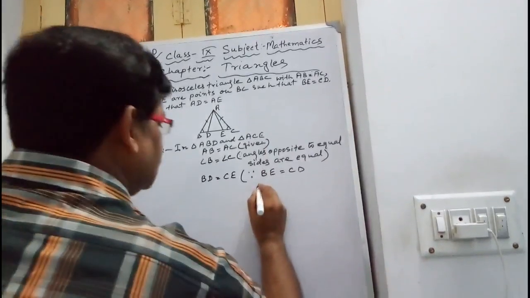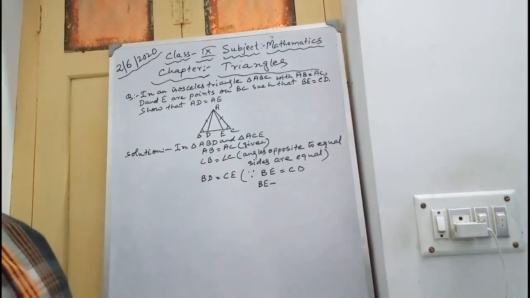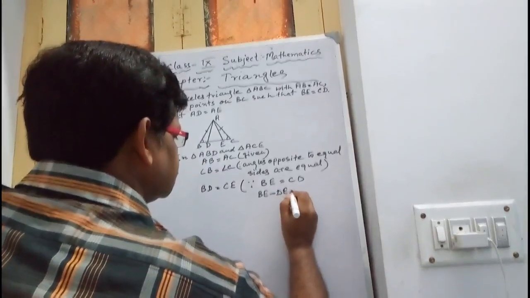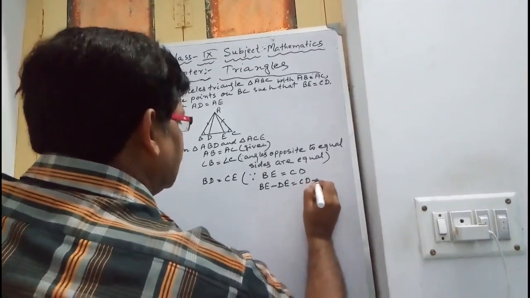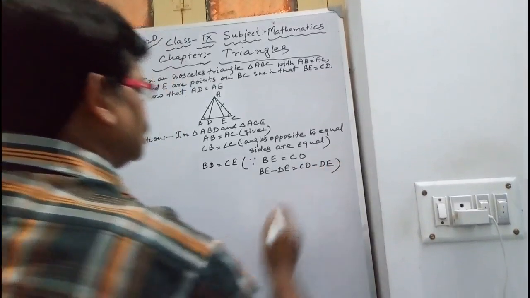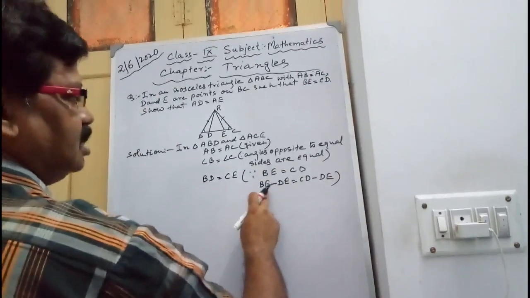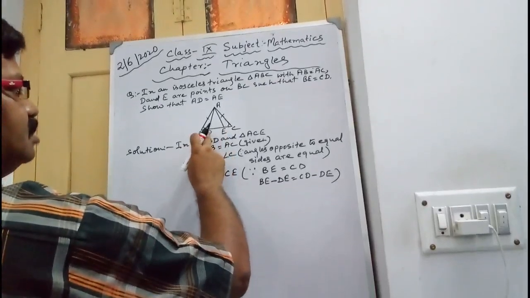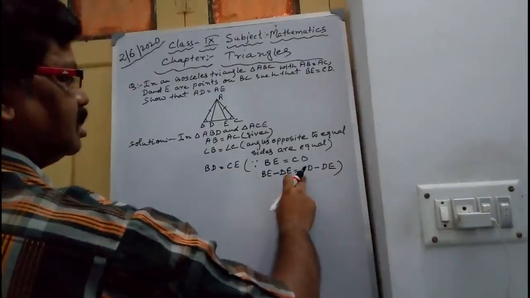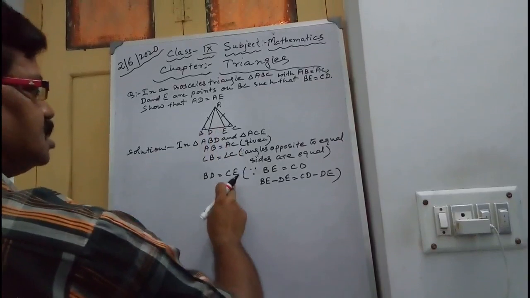Now subtracting DE from both sides, BE minus DE, which is equal to BD, and CD minus DE, which is equal to CE.